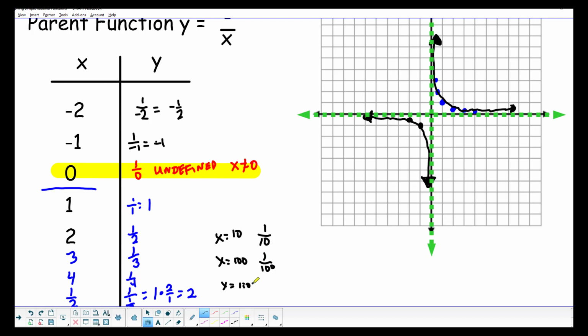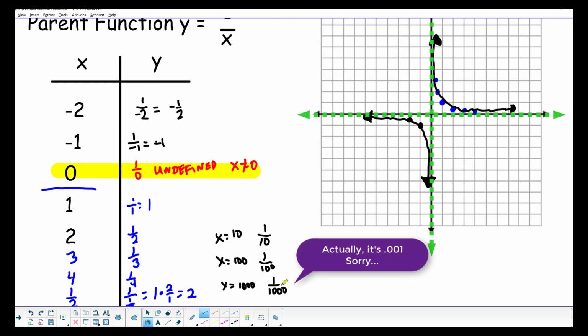So I'm way far out on the x-axis now, right? I have a really, really big number for x. It's way, way off the screen here. But my y value is 1 over 1,000. As you can see, that number is really, really small. That's like 0.0001. It's really small, not quite even to the x-axis though. It doesn't actually touch it.